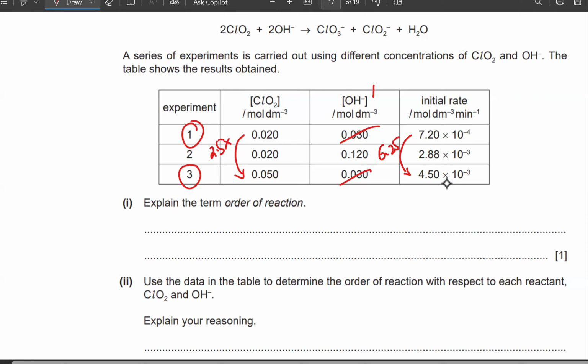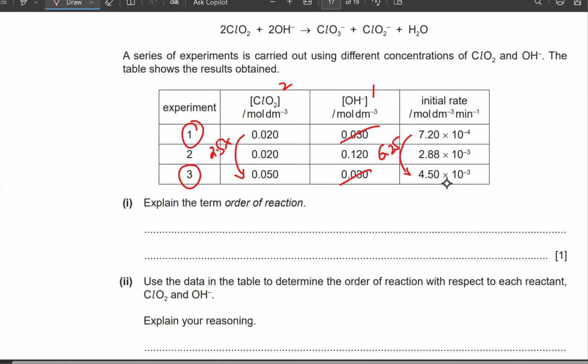That's definitely not order 1, it's not doubling. Is it a squared relationship? What is the square of 2.5? 2.5 squared is 6.25. That means it's order 2, right?